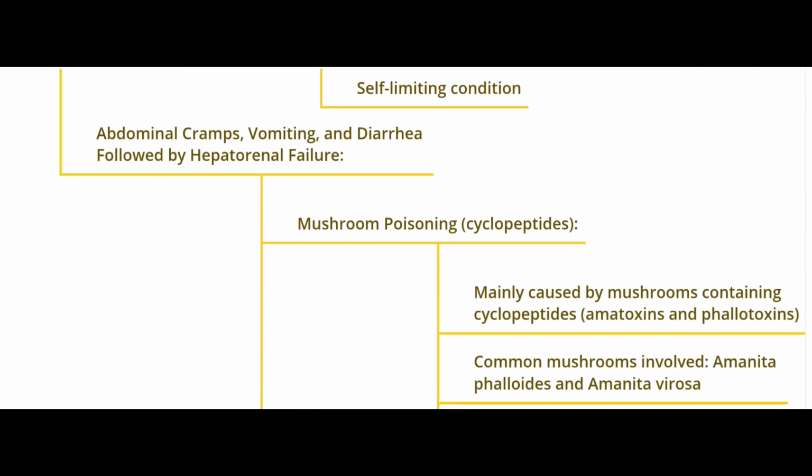If the patient comes with abdominal cramps, vomiting, diarrhea, followed by hepatorenal failure, we should directly look for hepatotoxicity and renal toxicity. Renal toxicity, hepatotoxicity, plus abdominal and food poisoning symptoms should give us hints into mushroom poisoning, especially cyclopeptides.